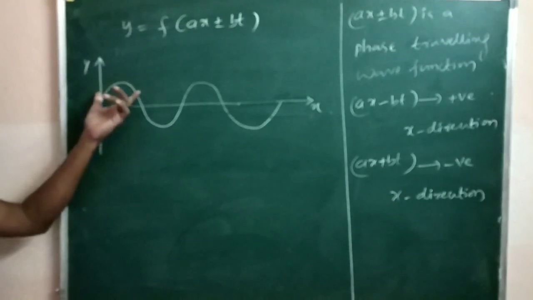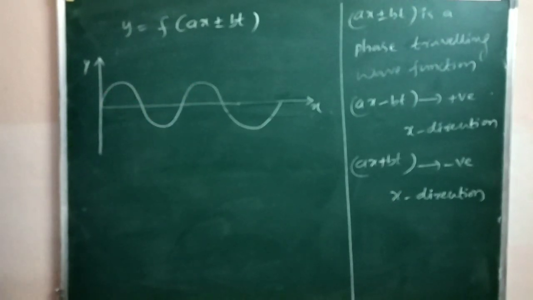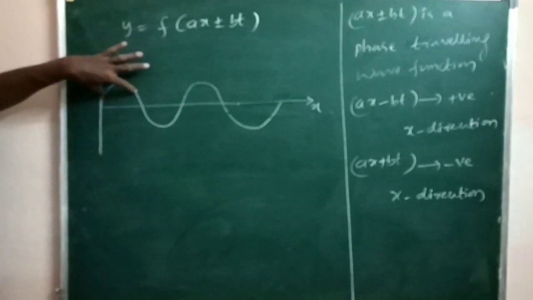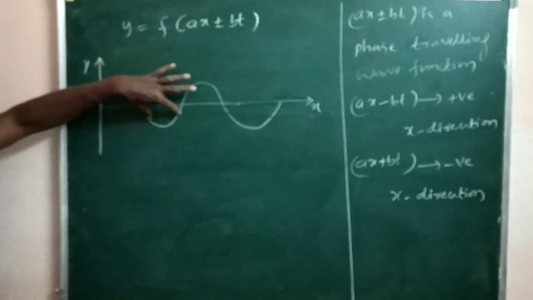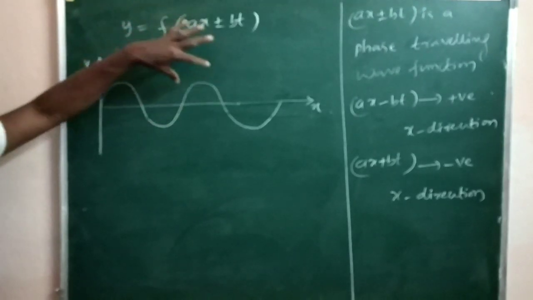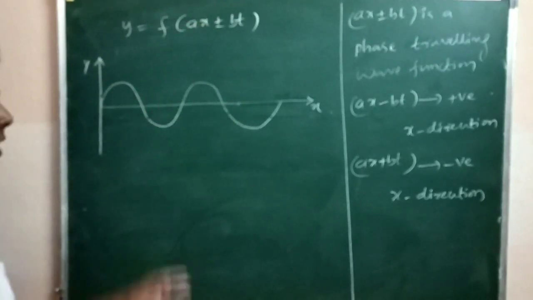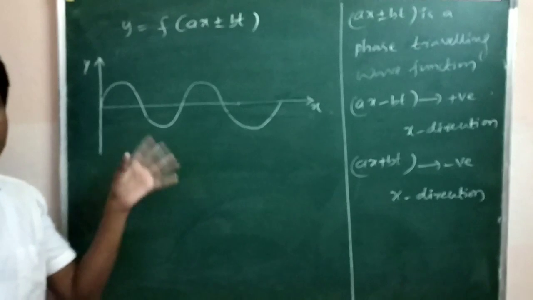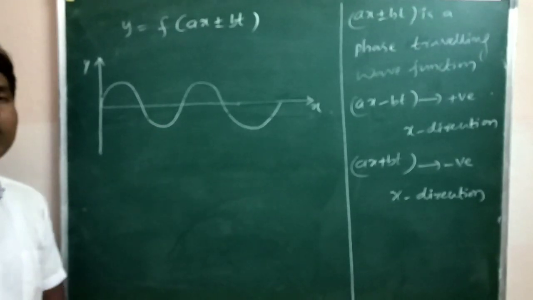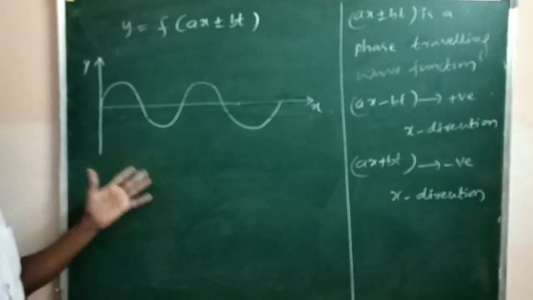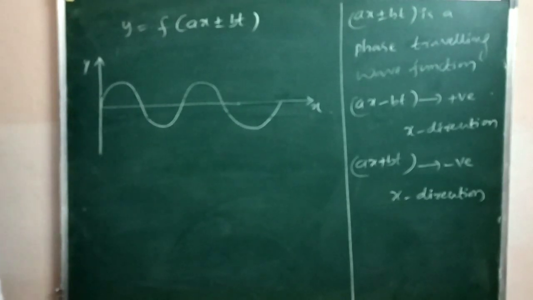The shape of the wave does not change when it propagates along the x direction. The shape here is the same as the shape there. So the shape of the wave does not change when it moves in either the positive or negative x direction along the x axis. That's why the wave function is y equals f of ax plus or minus bt.